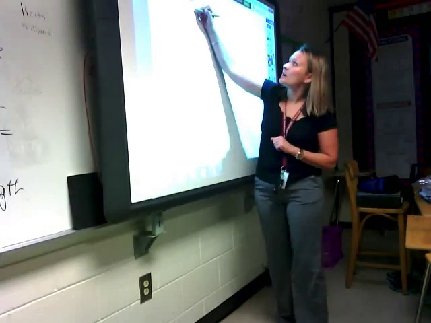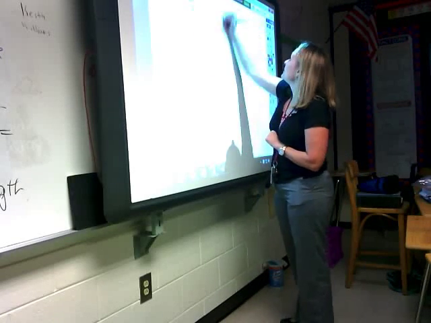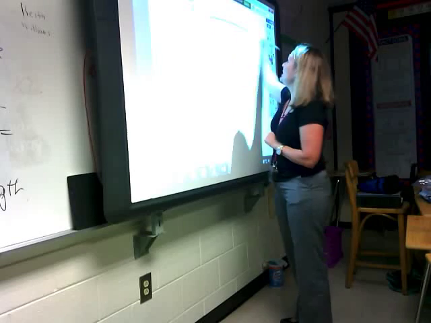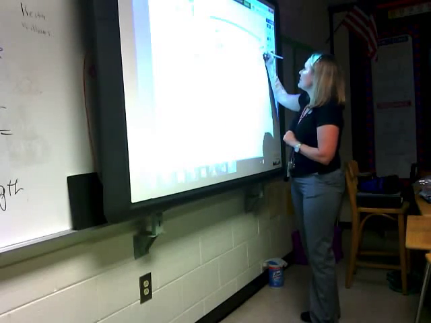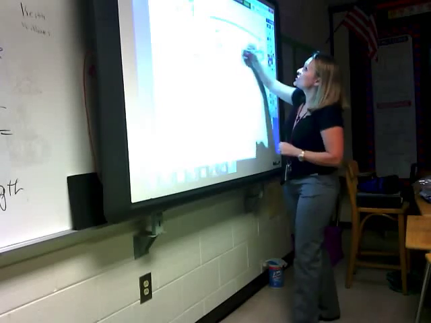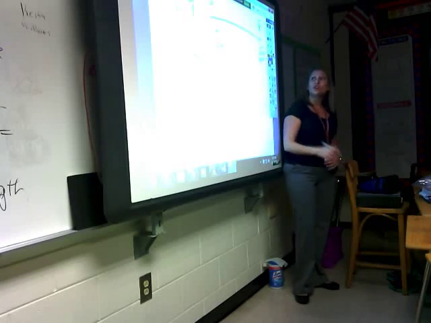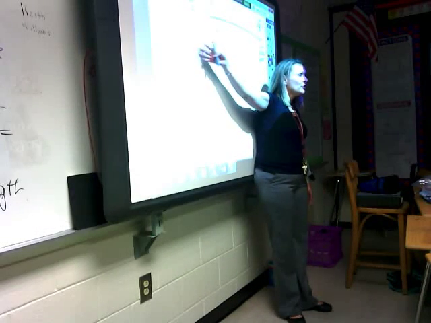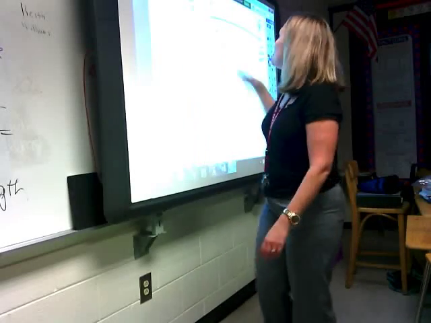So this falls between the square root of 16 and the square root of 25, so it falls between 4 and 5. It's greater than 4, so I know the whole number is 4. How much greater than 4 is it? 1. So how could I find that?